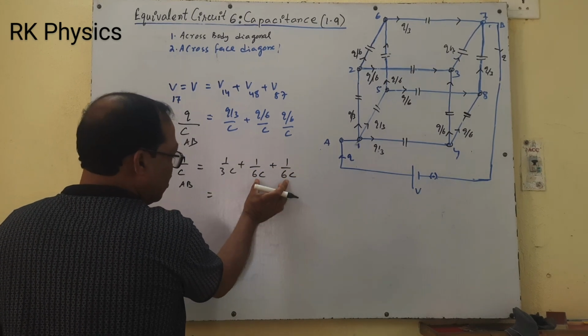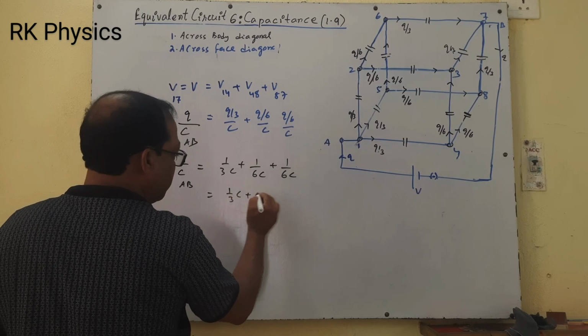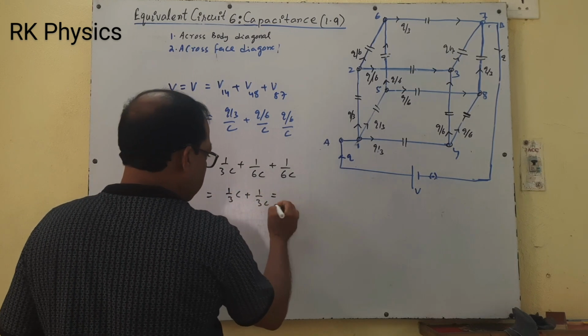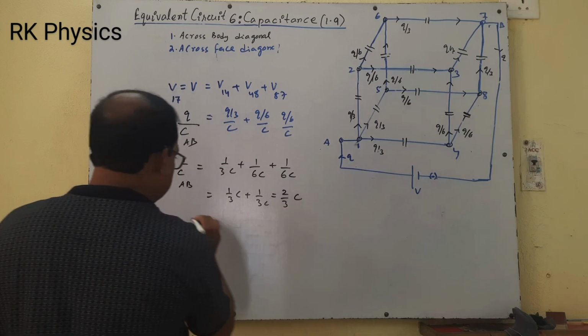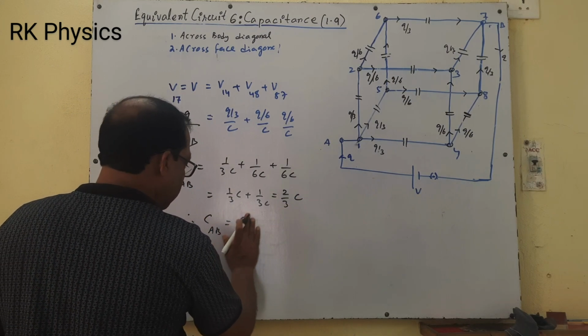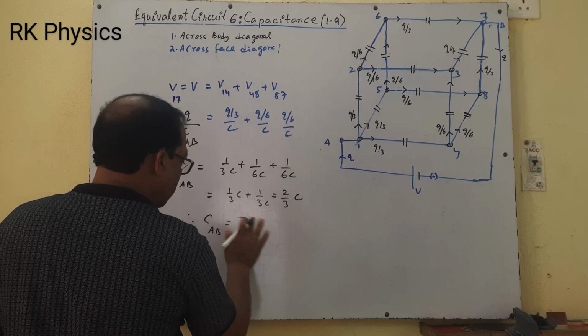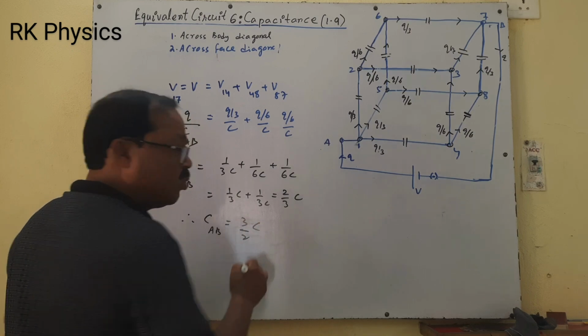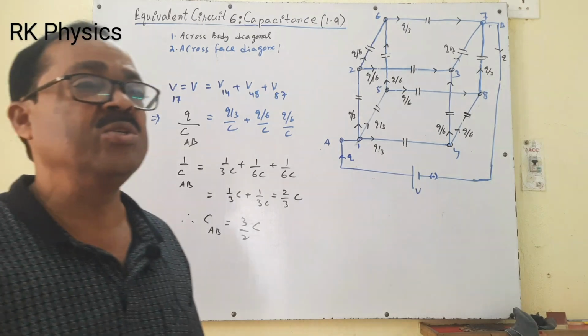These two are 1 by 3C plus 1 by 3C, which is 2 divided by 3C. Therefore CAB equals 3 by 2 C. So this is your value.